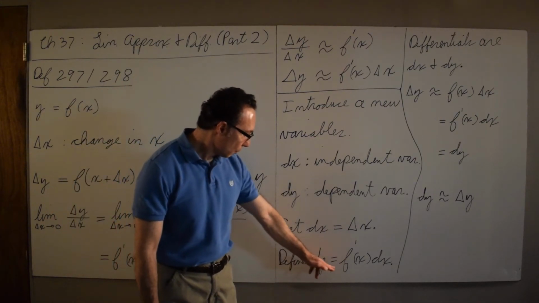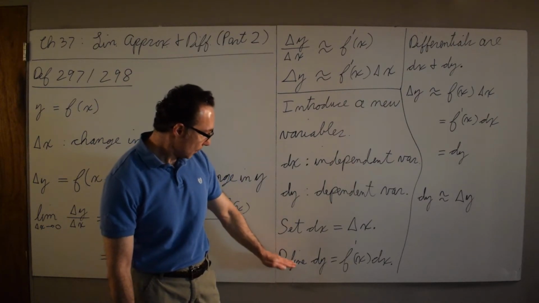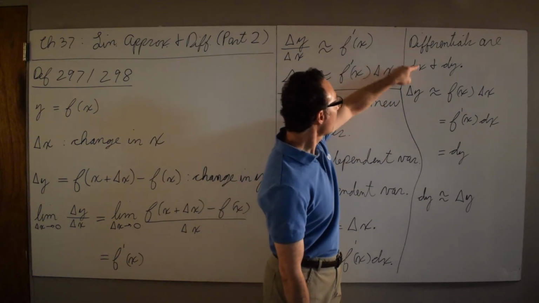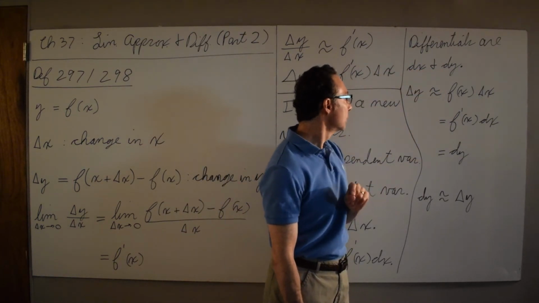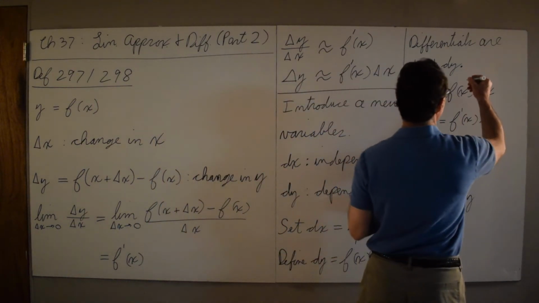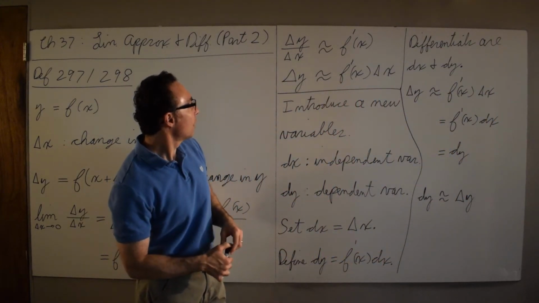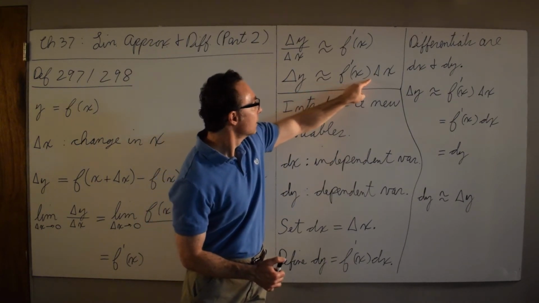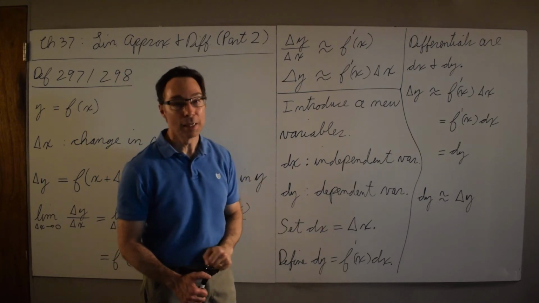Now, what do we have with this f prime of x dx? This is what we call our differentials. Our differentials are the dx and the dy. Why are we interested in them? We're interested in them because delta y is approximately f prime of x times delta x, and we're going to set dx to be delta x.